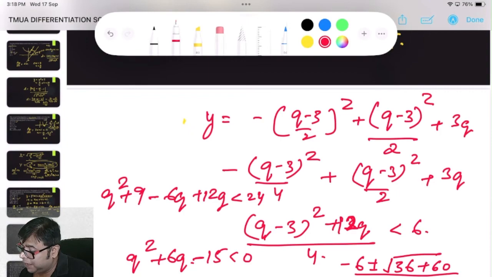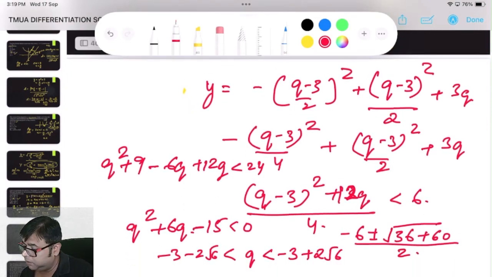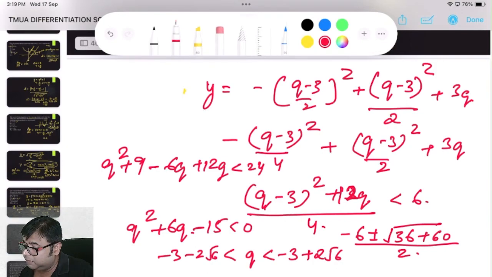So q will lie between minus 3 plus 2 root 6 and greater than minus 3 minus 2 root 6. So this is what the answer will be. The q is less than minus 3 plus 2 root 6 but greater than minus 3 minus 2 root 6.